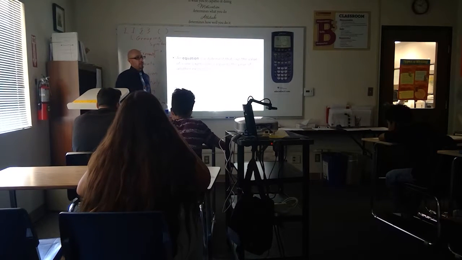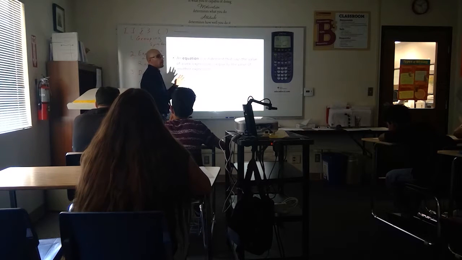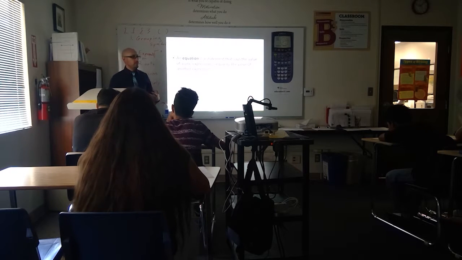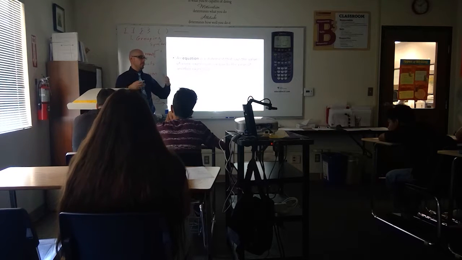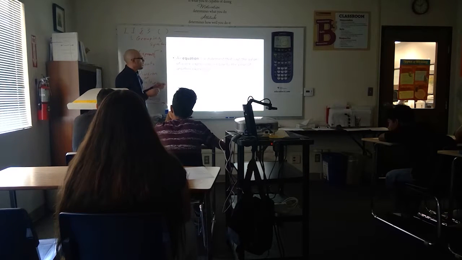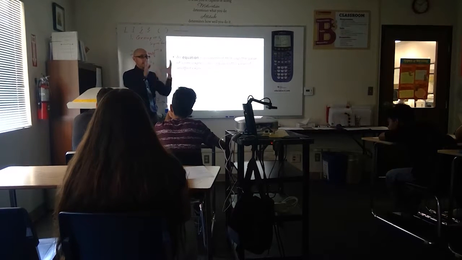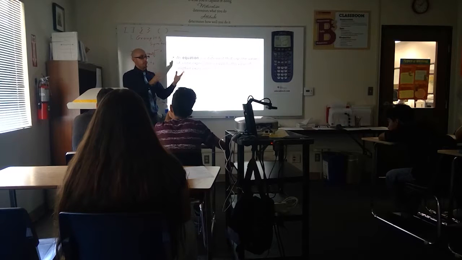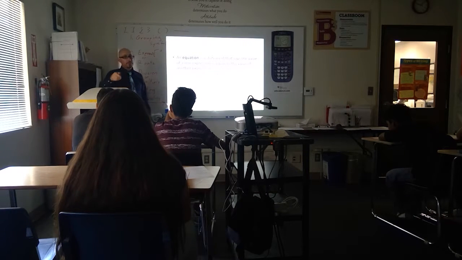We talked about expressions last time. Expressions were just operations and numbers, like 2 times 3 plus 4 divided by 8. But when you take two expressions and place them equal to each other, or two things that are the same value, like that expression I did to the number and the 44, those are equal, and therefore it's an equation.